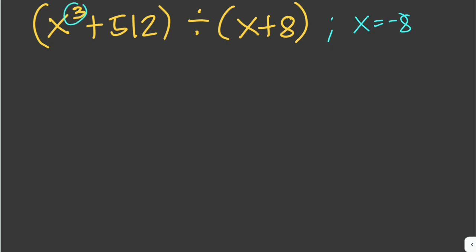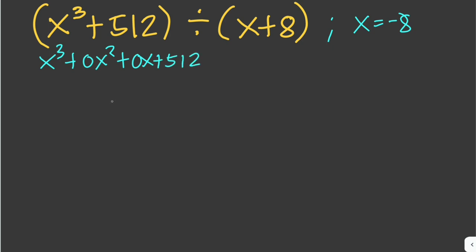We have x cubed, and there are missing terms. So we fill in those missing terms and write the coefficients as 0, because we can write this as x cubed plus 0x squared plus 0x plus 512.